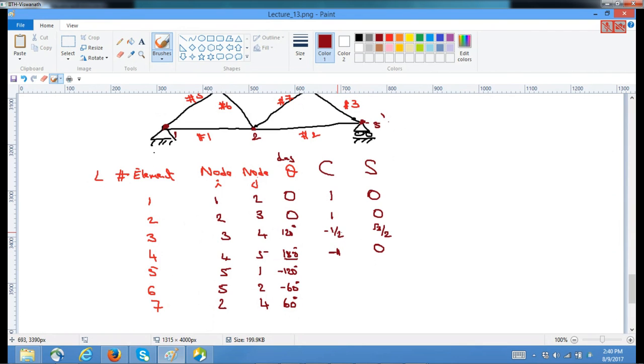Similarly, this is minus 1 by 2 and this is minus root 3 by 2, and this one is again sine 60.